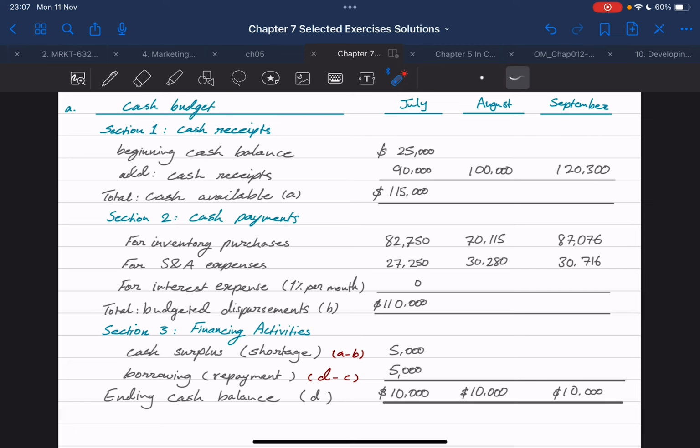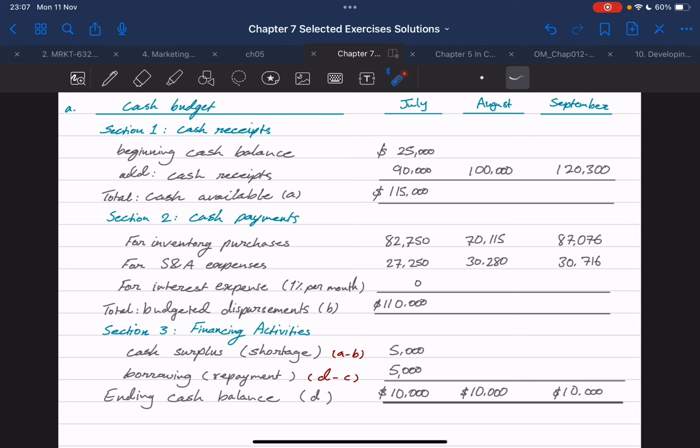In the other section, section number 2, we have the cash payments. They are expecting to pay $82,750 for inventory purchases and $27,250 for S&A expenses. And for interest, they don't expect to pay anything in July.